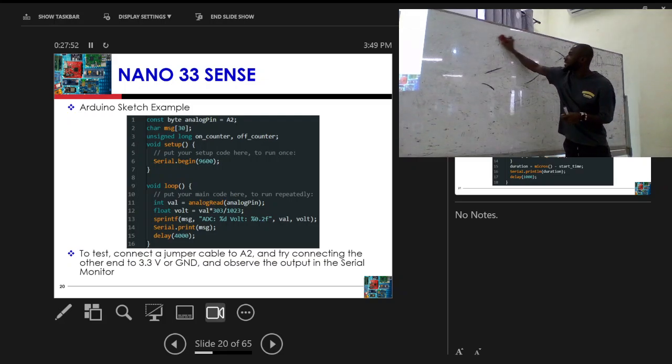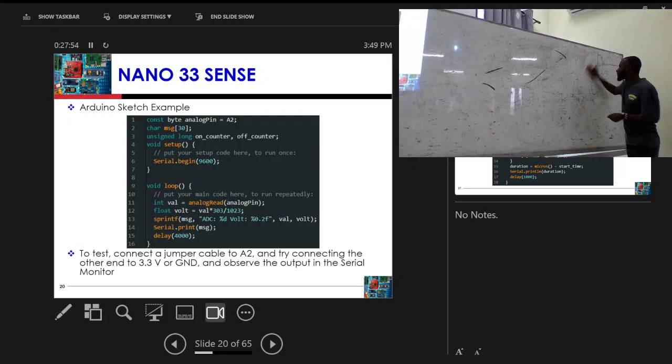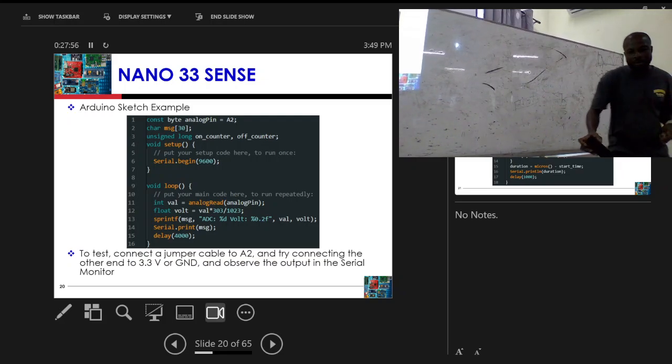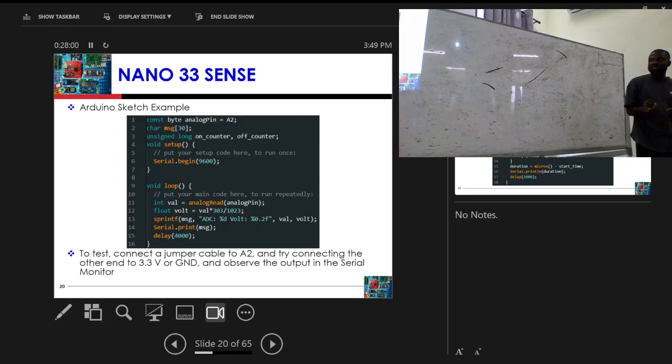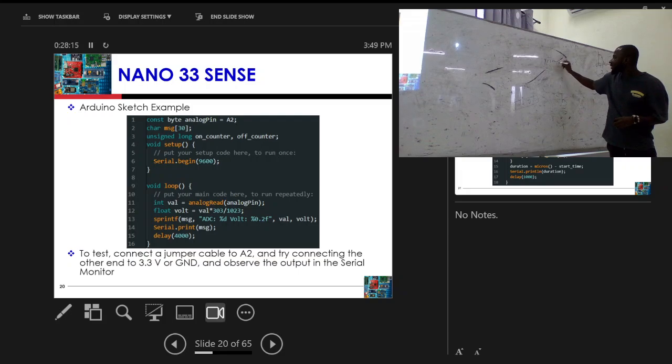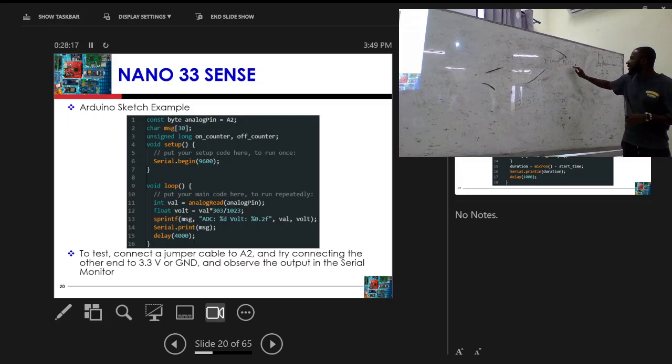I said I cannot print different data types. Now, ADC and the colon are characters. So what I can do is Serial.print("ADC:") in one line.